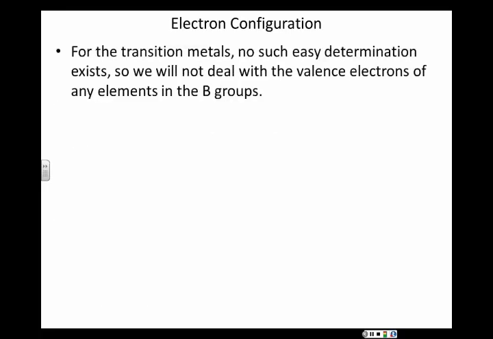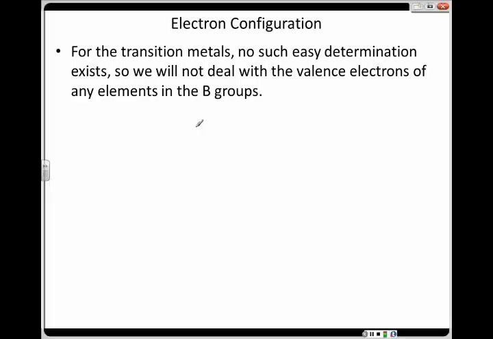We are not going to worry about the number of valence electrons a noble gas has. For transition elements, it's always going to be 2, because you'll always have ns2.